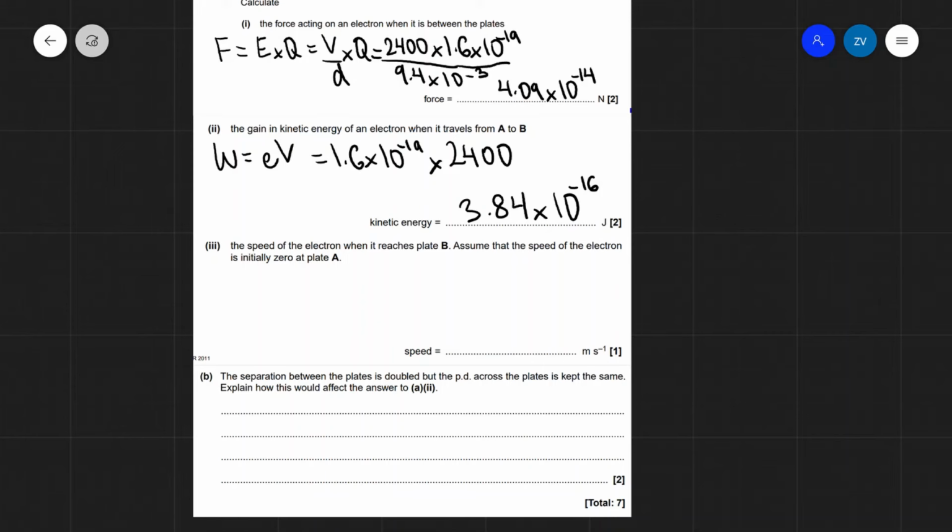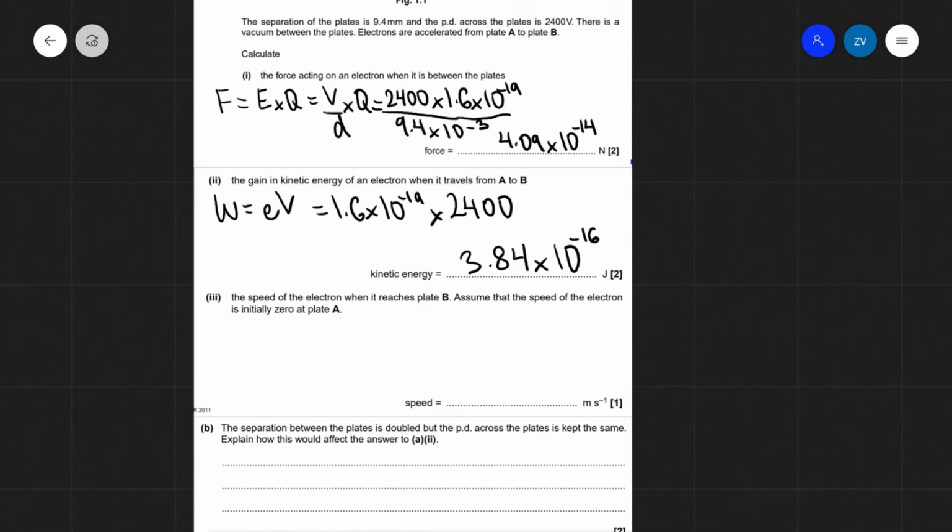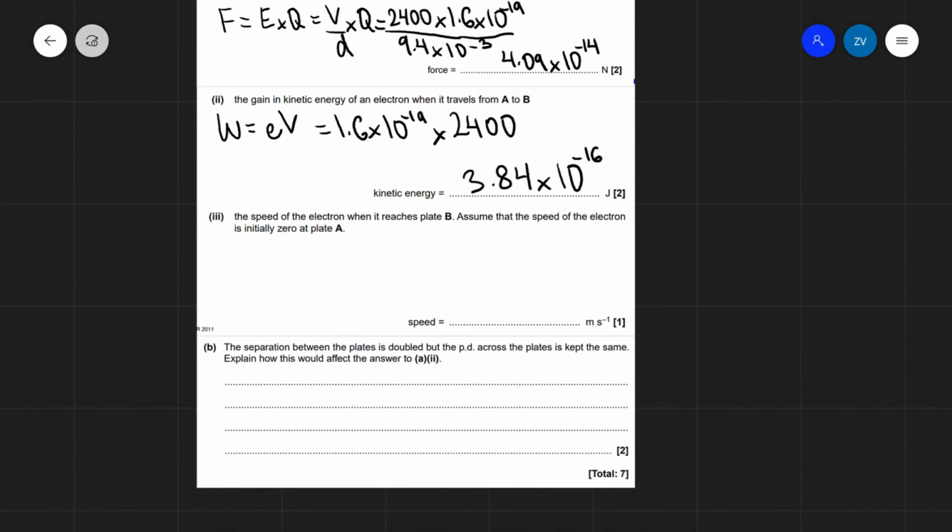So part 3, what we need to do is calculate the speed of the electron when it reaches plate B. Okay, so we already know that the gain in kinetic energy is this many joules, so we can just use directly the kinetic energy formula. So all of this energy gained is transferred to kinetic energy, and the formula for that is a half mv squared.